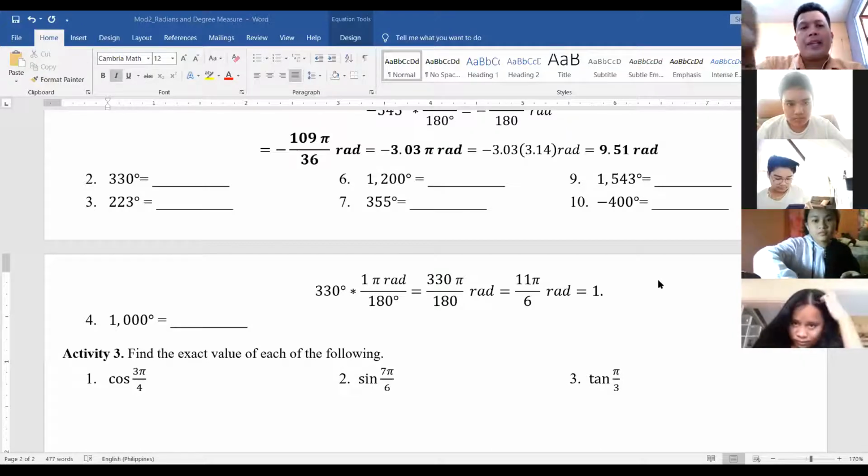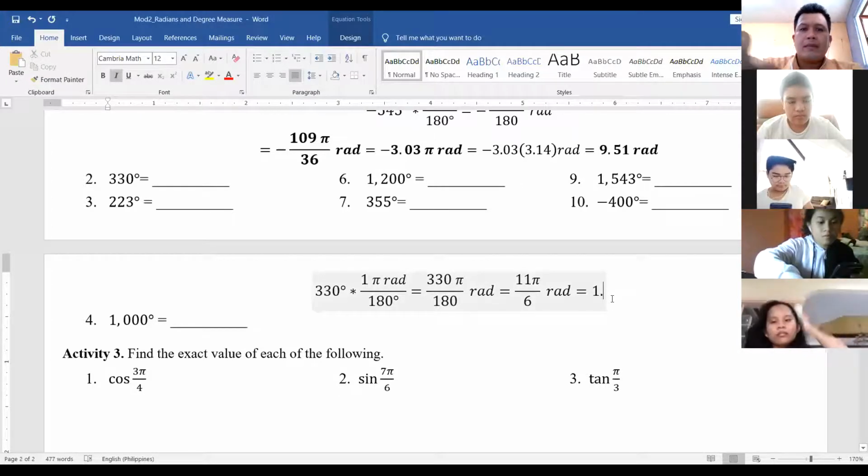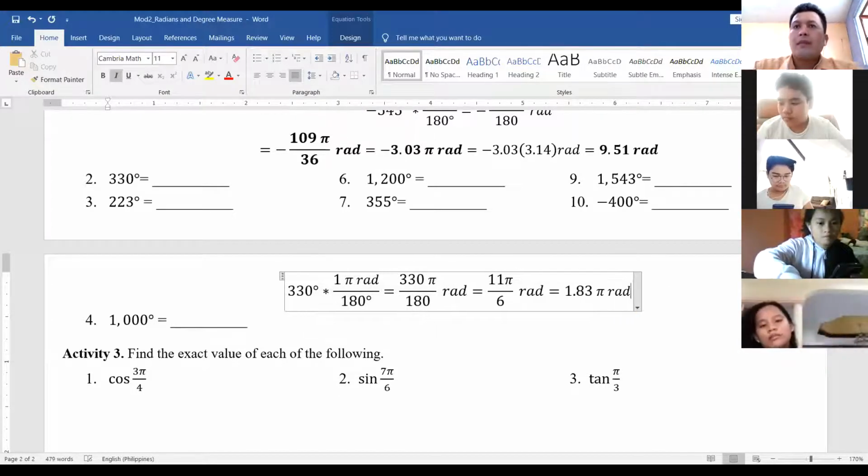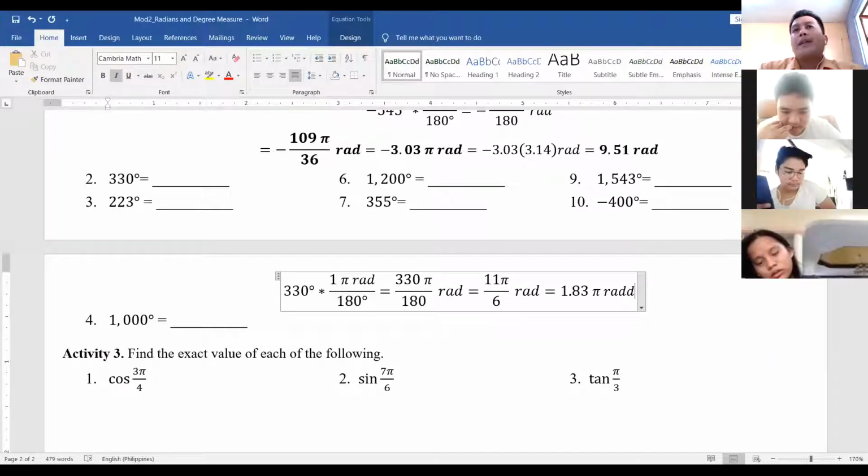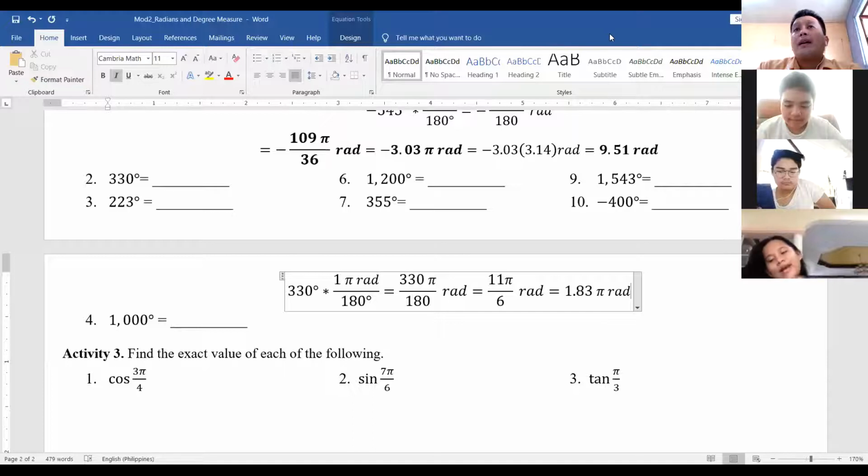My answer is 1.83 pi radian. That's my answer, not 5.24.